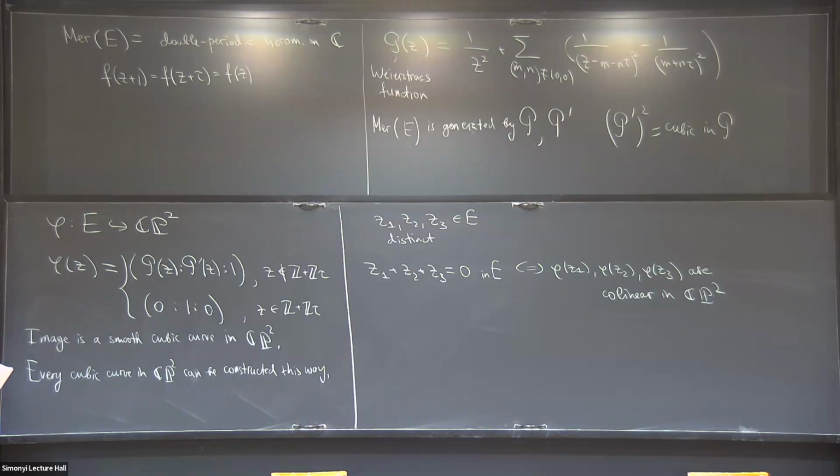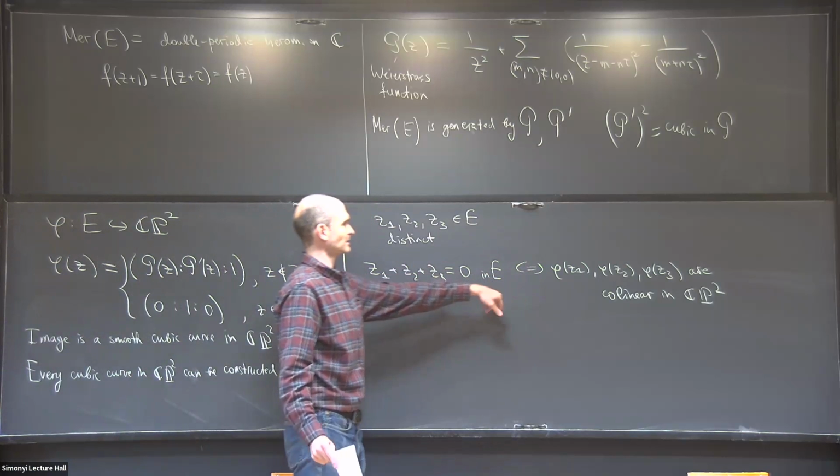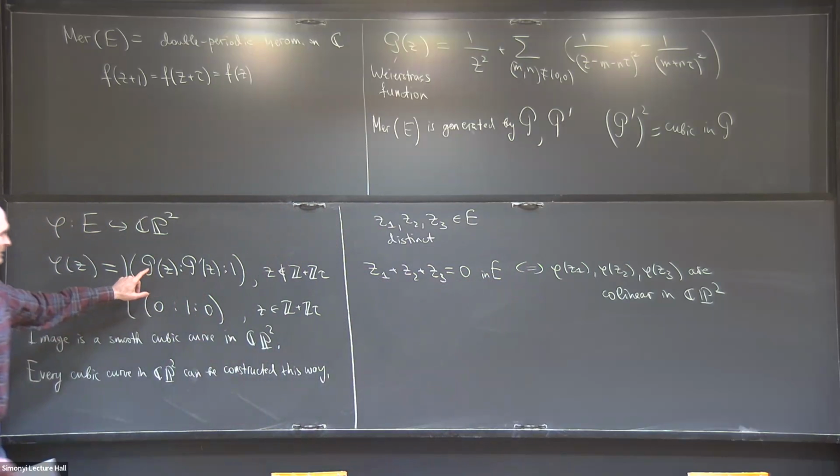If you're curious how this is proved, a line is given by a linear equation in P, P prime and 1. Generally speaking, it'll have a pole of order 3 at z equals 0, and then there's a standard result that zeros of a double periodic function, counted with multiplicity minus poles counted with multiplicity, add up to a lattice point.